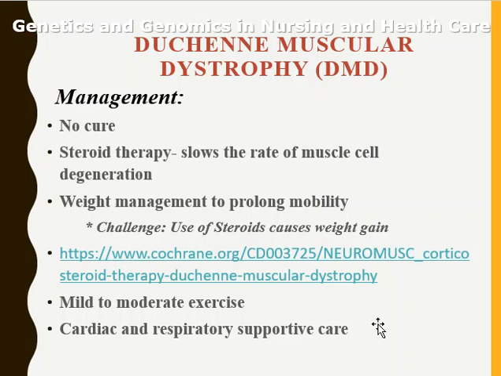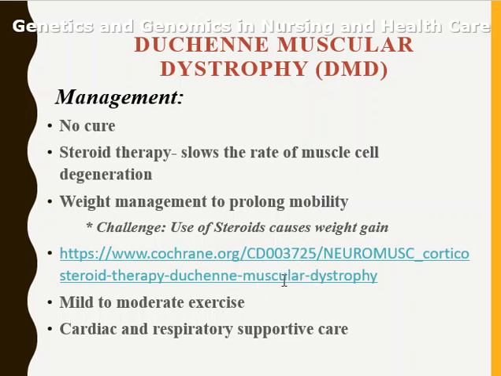It's only used for about 2 years, and it helps to prolong the destruction of those cells. And so I added a Cochrane Review article on the use of steroids for the treatment of Duchenne muscular dystrophy here, if you're interested in clicking on that.